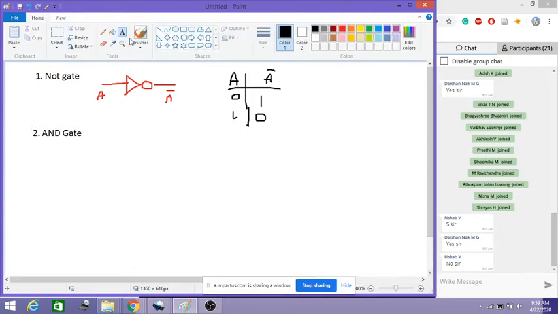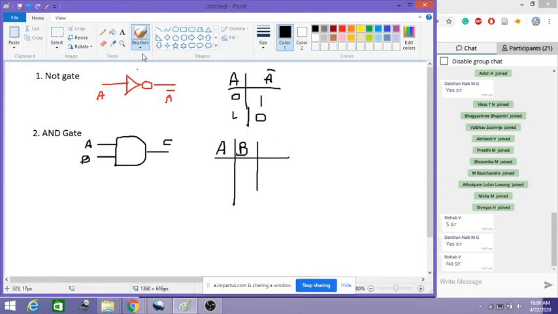There might be 3 input AND gates, 4 input, or 2 input AND gates and so on, depending on how many inputs we have in the application. Here we have 2 inputs, A and B, and the output, which we don't write as C, we always write it as Y.